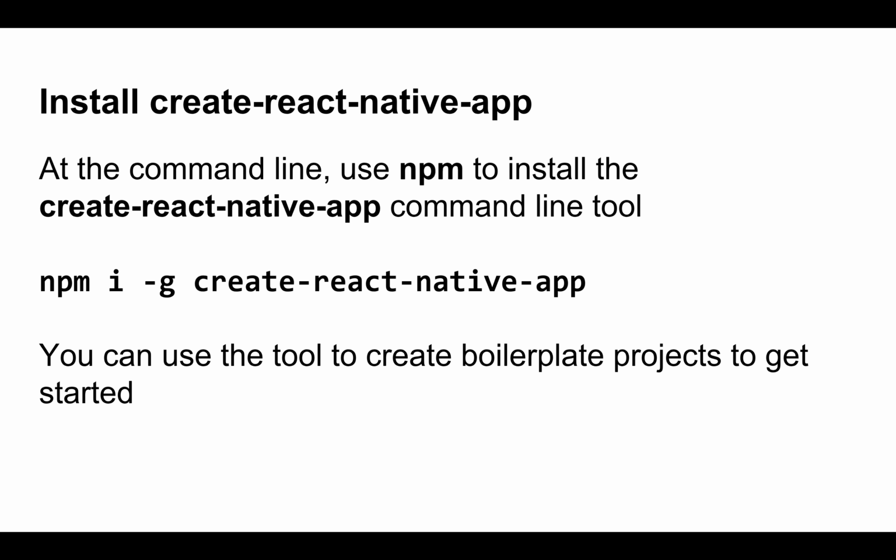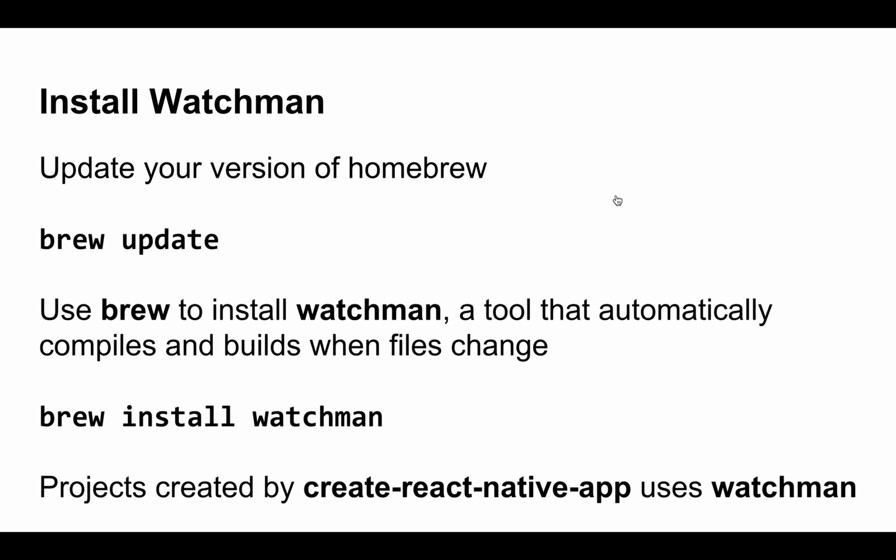You'll also want to install Watchman. The project that Create React Native App generates uses Watchman to keep track of any changes on your files and to recompile them to their native equivalent. Even though the documentation doesn't stress the fact that you need Watchman, I couldn't get it to work any other way.